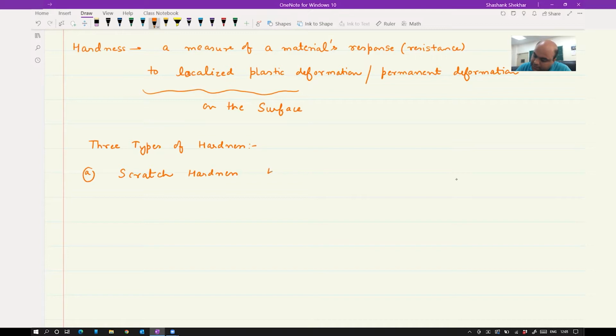Then we have rebound hardness. And then lastly, indentation hardness, which is one of the famous ones, the most famous one among these three.